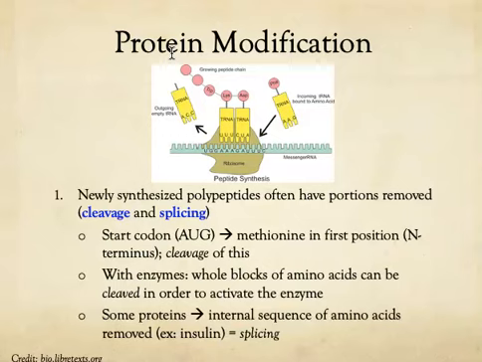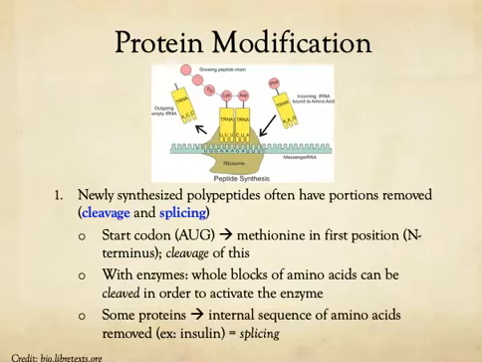Remember that newly synthesized polypeptides are in the primary structure. They are literally just a long string of amino acids that have been joined together with peptide bonds. The first thing that happens to those polypeptides is that pieces and parts of them are actually going to be removed.